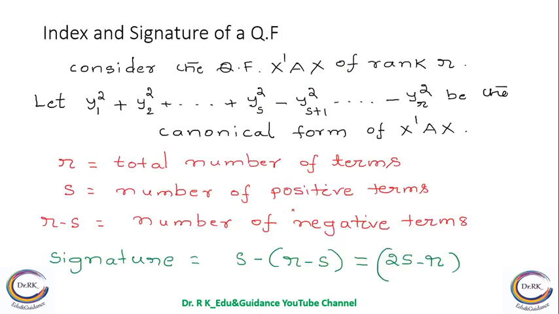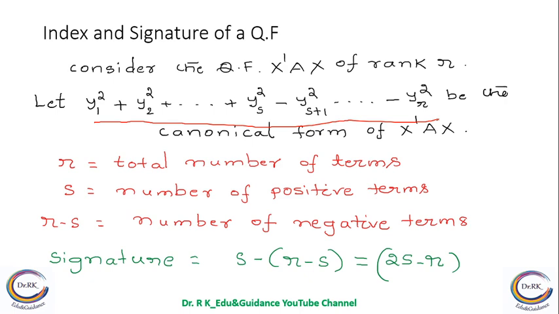Another definition. As mentioned, the rank of the quadratic form is r. Therefore, in the final canonical form you will have r terms, that's why you see y r square.